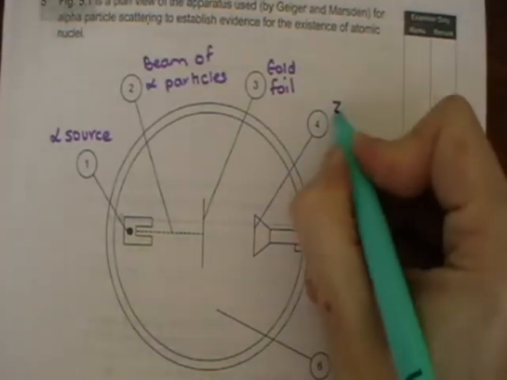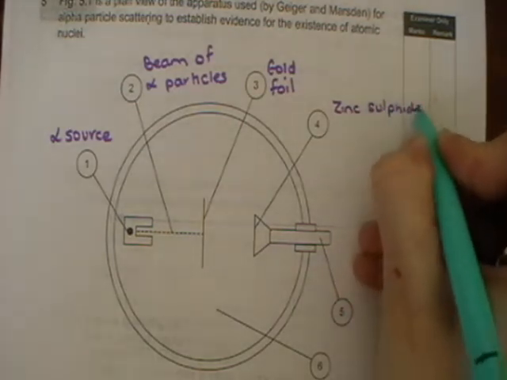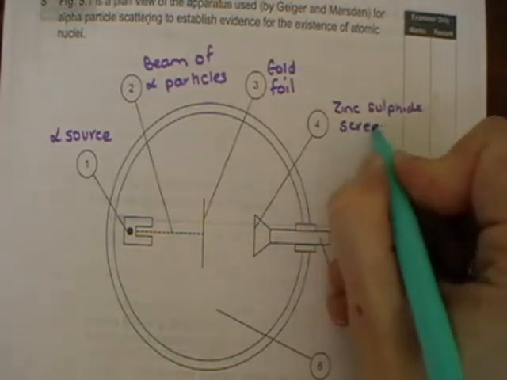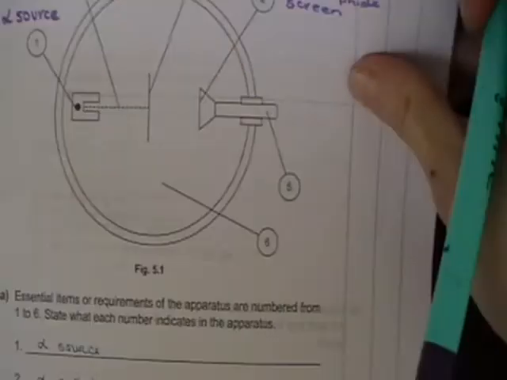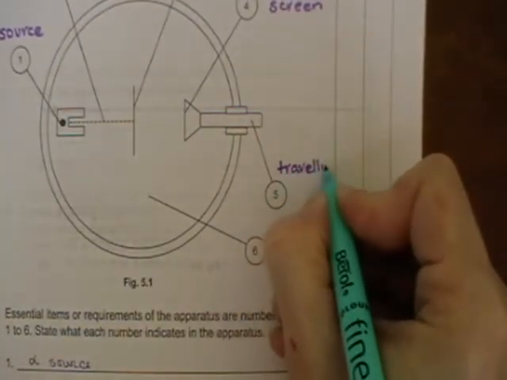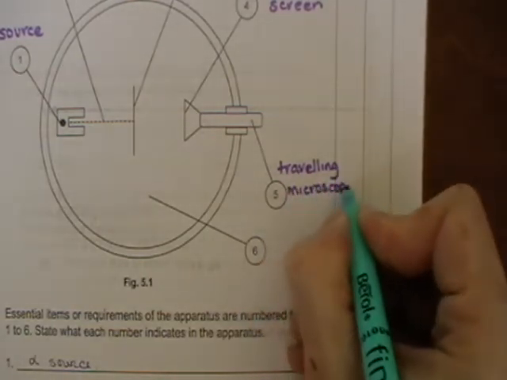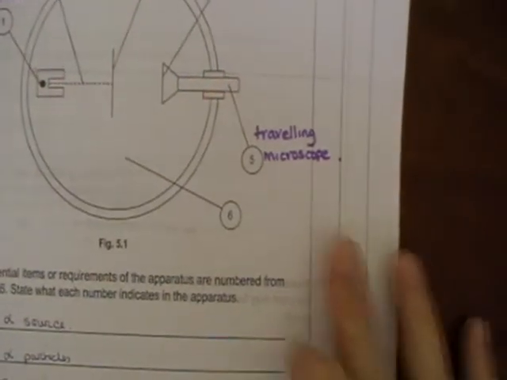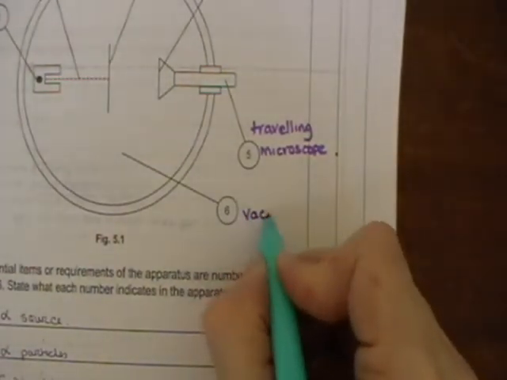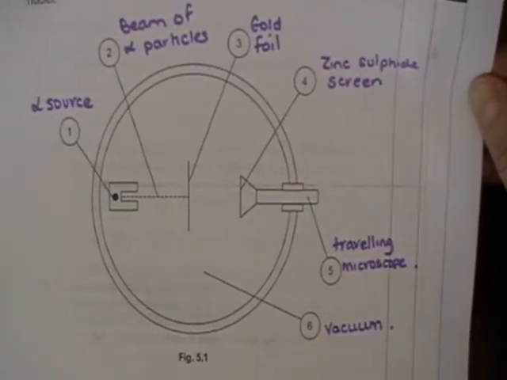Number 4 is a zinc sulfide screen. And then number 5 is a travelling microscope. And number 6 then, it has to be carried out in a vacuum. And those are your 6 numbers there.